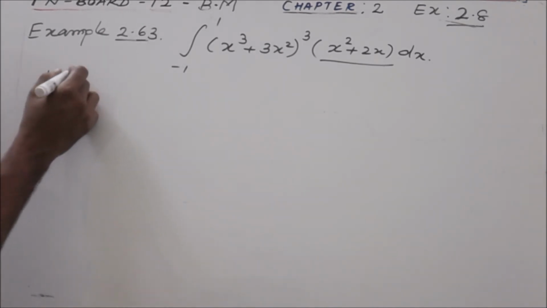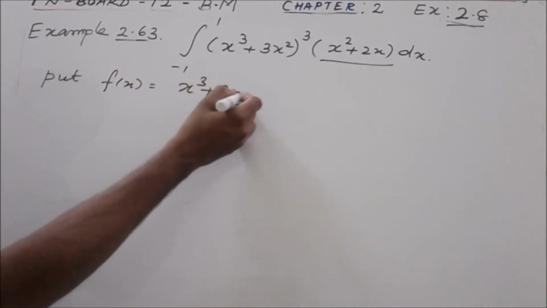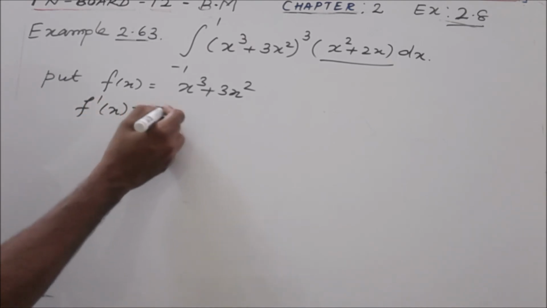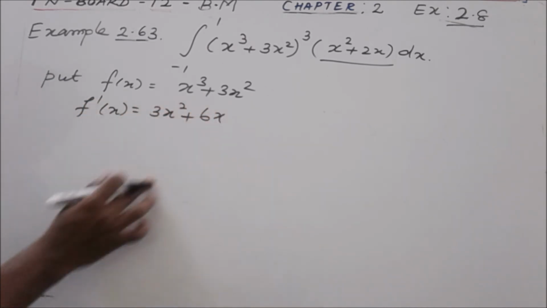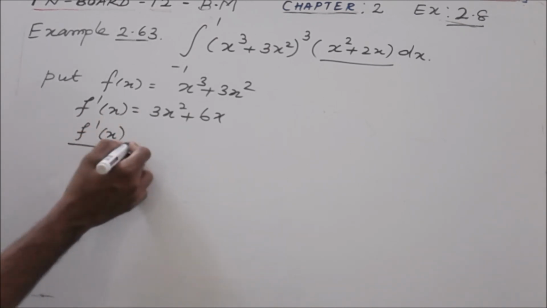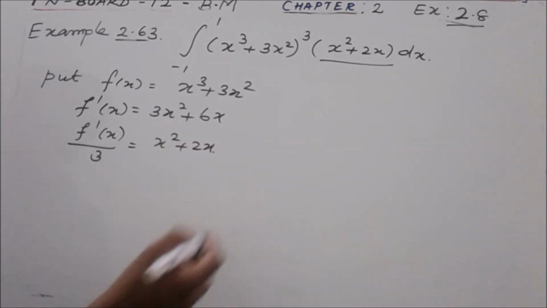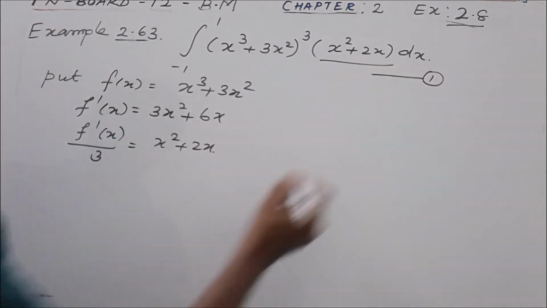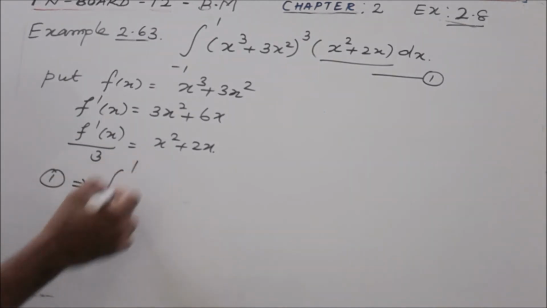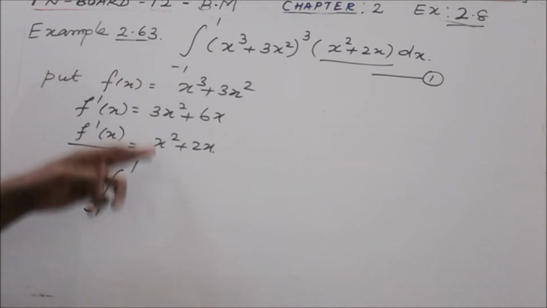This is a method. So I am choosing the same way of substitution here. Put f of x is equal to x cube plus 3x square. Then f dash of x is equal to 3x square plus 6x. So dividing by 3, f dash of x divided by 3 equal to x square plus 2x. Integral minus 1 to plus 1, no change of interval limits, because we are keeping the function as x only here.